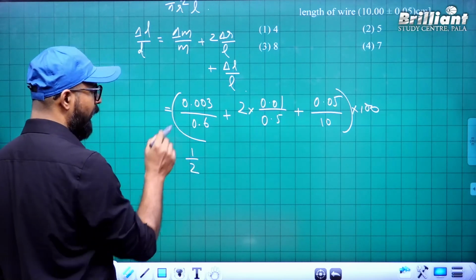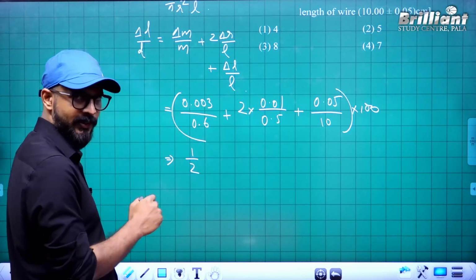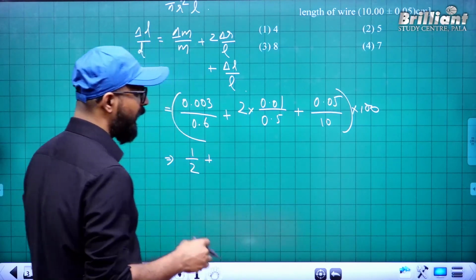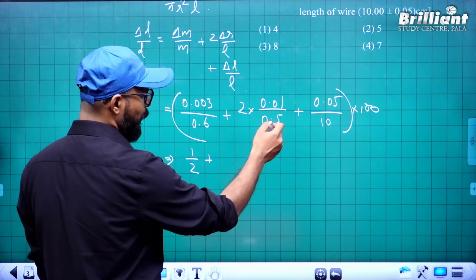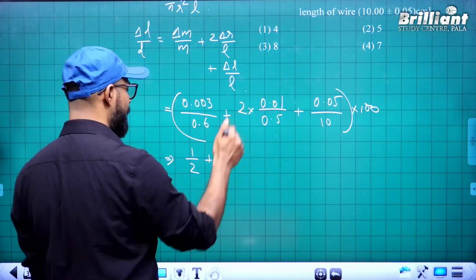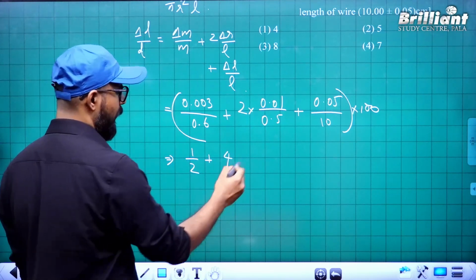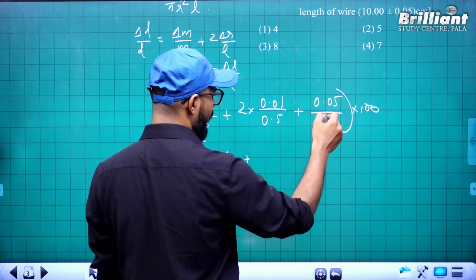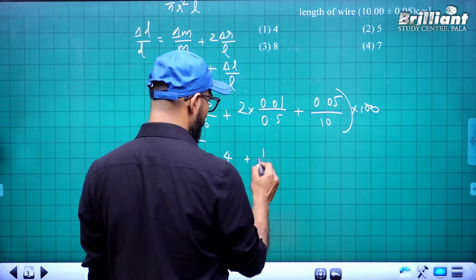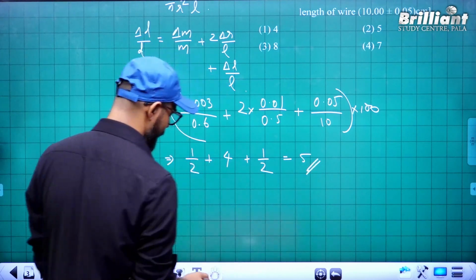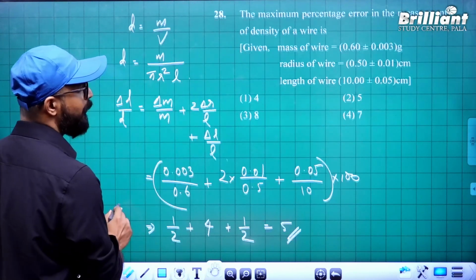If you take the 100 over here, it will become 0.3 by 0.6, which will be 1 by 2 plus. I'm trying to simplify it as much as possible. This is 1 by 0.5. We know 0.5 is half. 2 goes upstairs, it will become 4 plus, and if you multiply with 100, it will become 5 by 10, well, that is 1 by 2. Half plus 4 plus half is 5, and that must be the answer, 5%.